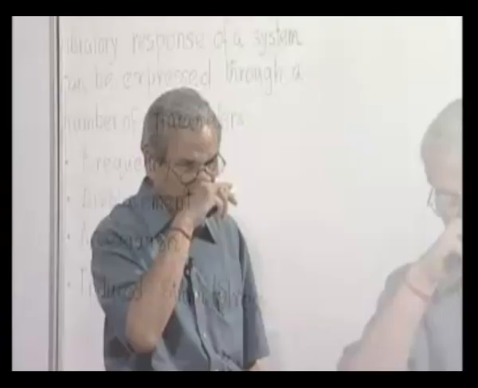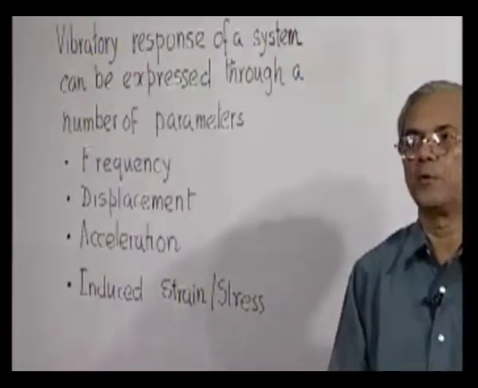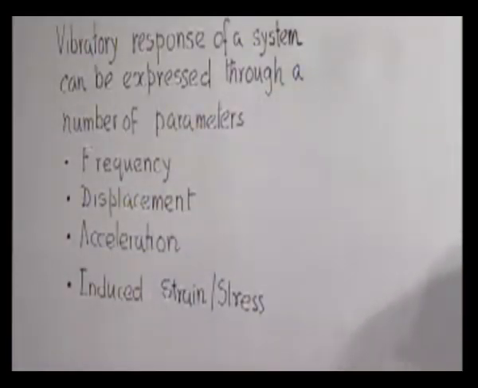Similarly, if we are investigating the fatigue life of a structural member, then in such cases induced strain or stress will be the predominant parameter. So like that, it depends on what we want to do, what kind of usage will be of our experimental results, that will tell which will be the predominant parameter of measurement.